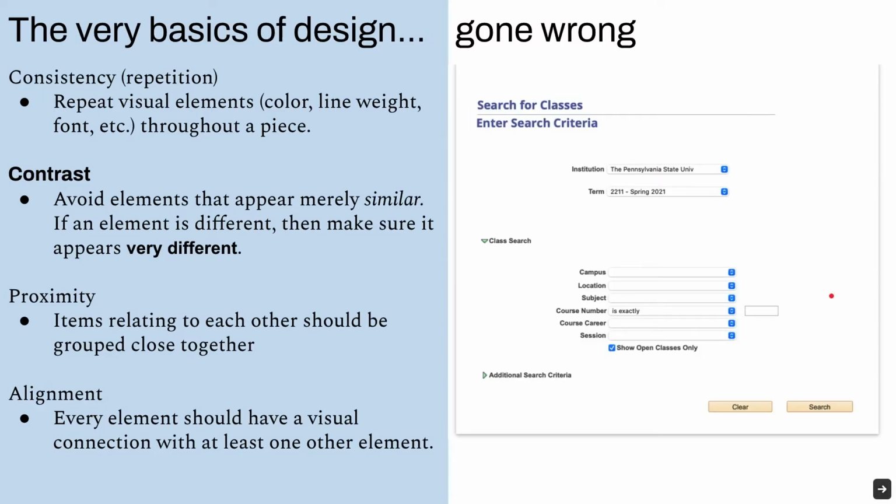Of course, we can also run into problems when we violate only single elements of this. And so I don't know about you, but every time I go to the Penn State course search, I'm frustrated to use it. And the reason is because it fails to use one of our criteria. I think the consistency is pretty good, actually. Most things look the same, and I can tell that the title up here is different from everything else.